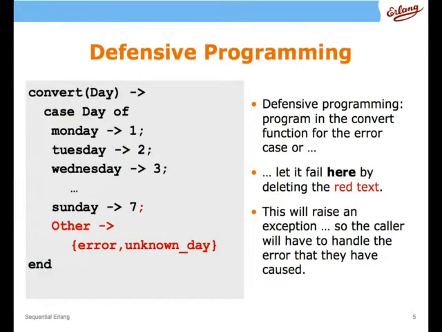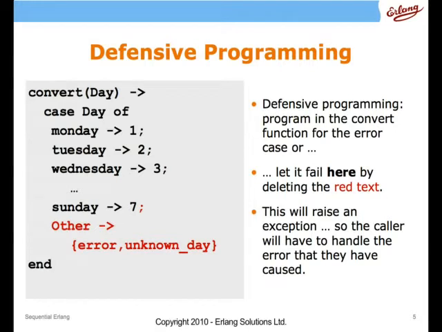What I wanted to talk about now is an approach to programming that Erlang, or the Erlang style, encourages. What we've got here is a function that takes a day, passed in as a variable Day, and days are represented by the atoms Monday, Tuesday, Wednesday, and so on. What this is doing is converting that day into a numerical code for the day.